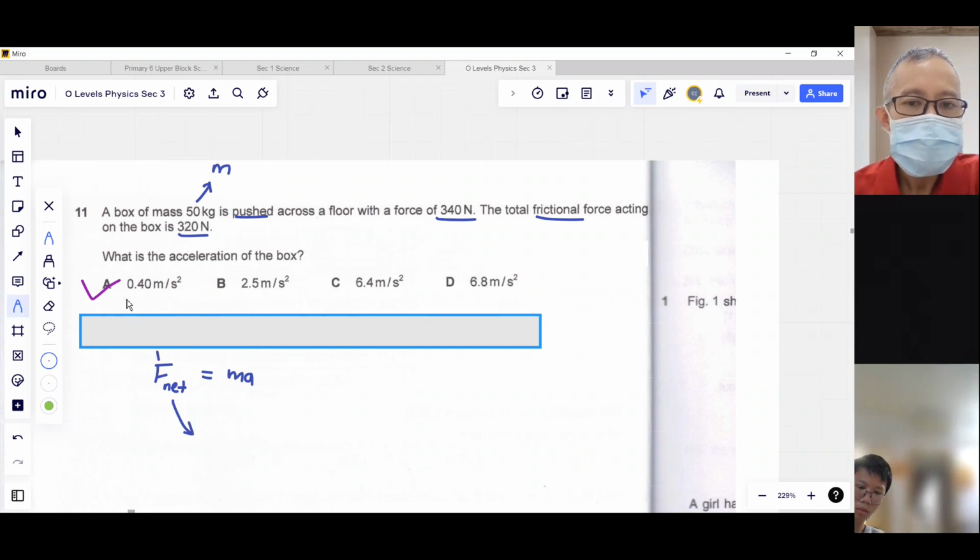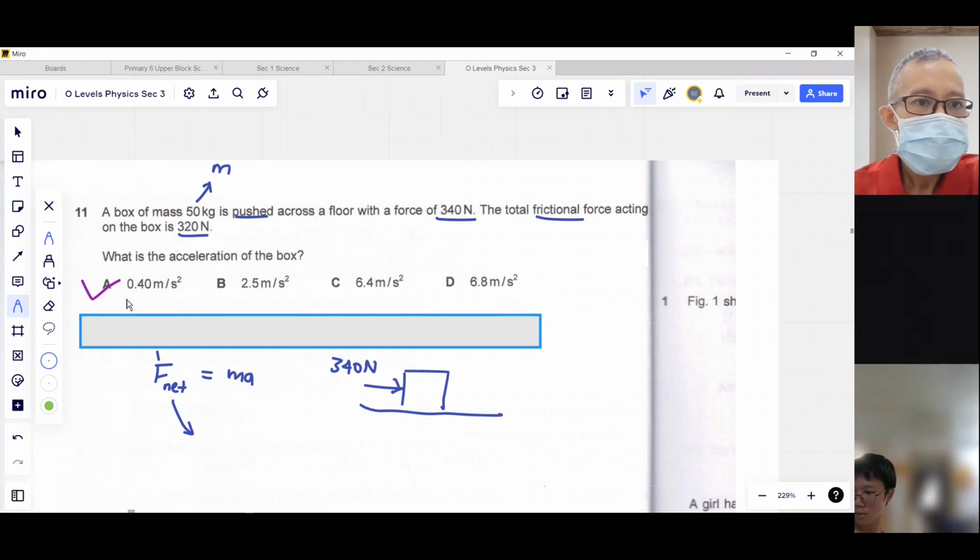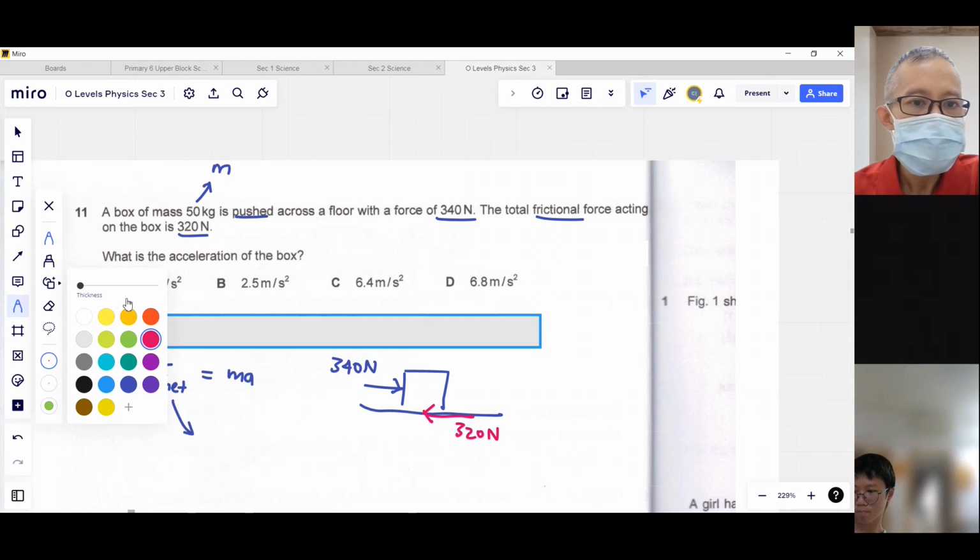All right, so in this case, the box is like that. You push it with 340 newtons. But don't forget there's friction. Friction is always opposite. 320. Okay, so what's the net force? Oh, guys, you have to know this.